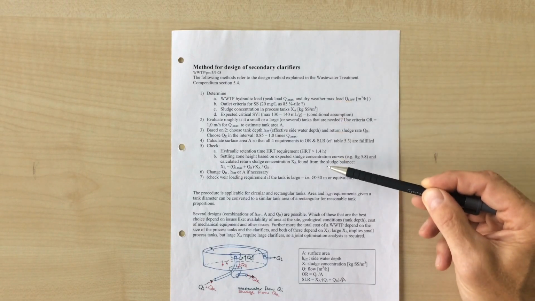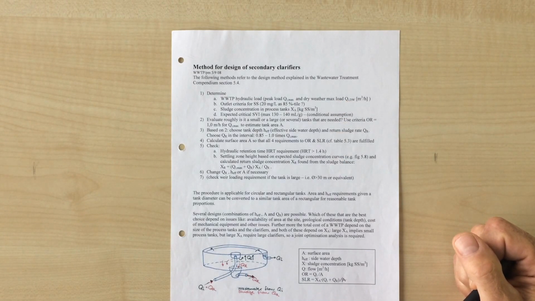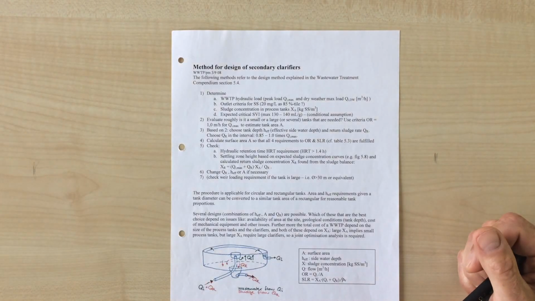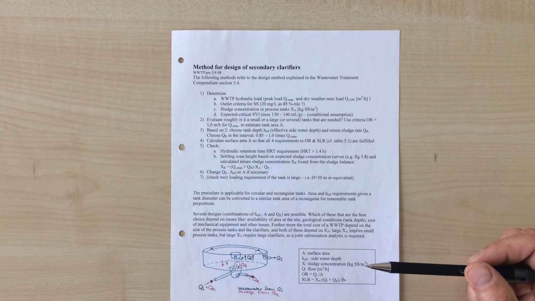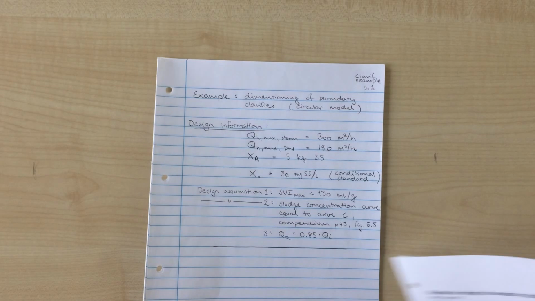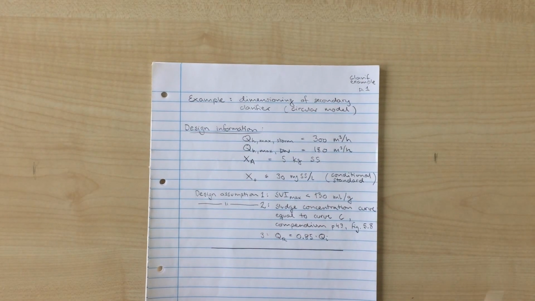And then there is a procedure that we'll go through to find out how big a clarifier will be able to deal with this and safely and effectively separate the sludge from the wastewater, given the hydraulic conditions and the sludge settling conditions. In this example, I will use a relatively small plant.